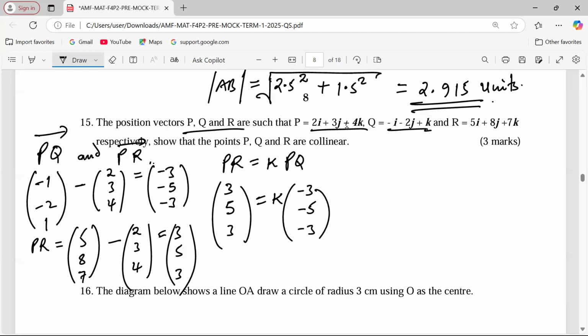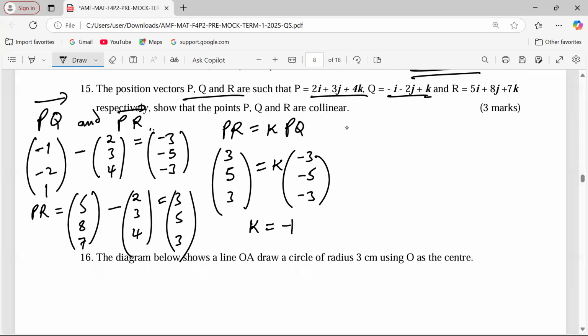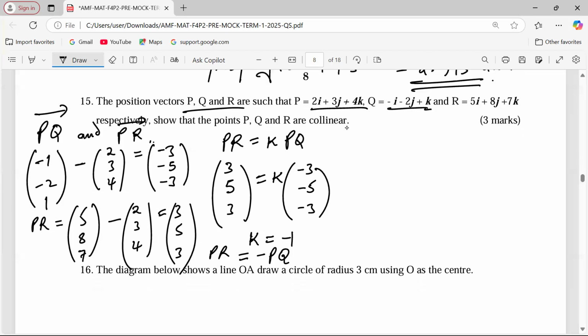So -3K equals 3, and the value of K is proved to be -1. Even when we use the X component, -5K will be equal to 5, K becoming again -1. And when we use the Z component, we get the same. So K is negative. Through this, we can say PR is the same as the negative value of PQ. That's how the two are related.